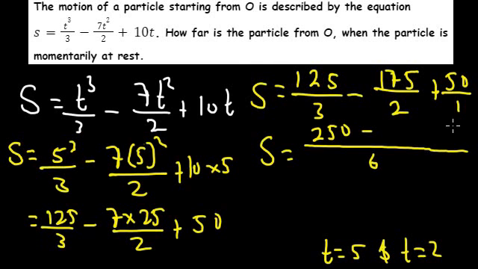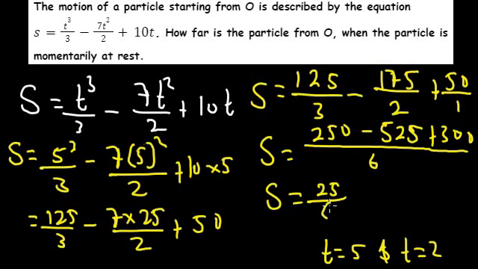The minus: 2 into 6 is 3, and 3 times 175 gives us 525. Then 1 into 6 gives us 6, and 6 times 50 gives us 300. So if we add all these numerators up, we get 250 minus 525, then plus 300. So I got 25. So we have 25 over 6.